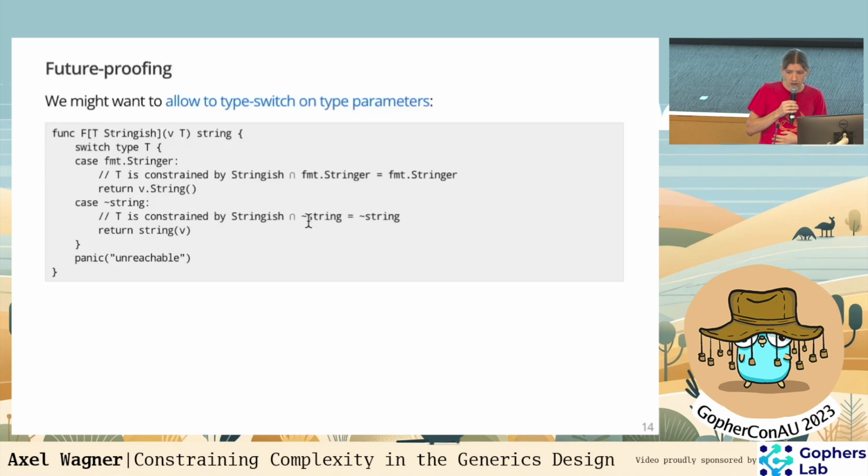This is a nice proposal. And if we want to do that, we should make sure that our restriction of the interface constraint language or whatever is compatible with this, right? Because this allows us to implicitly create new constraints in a type switch.